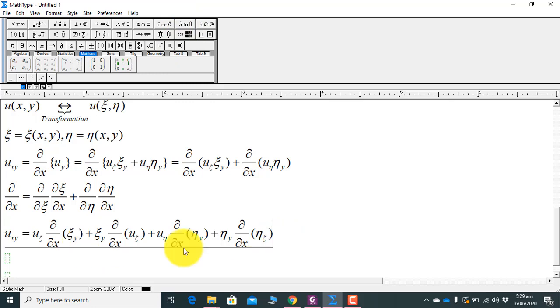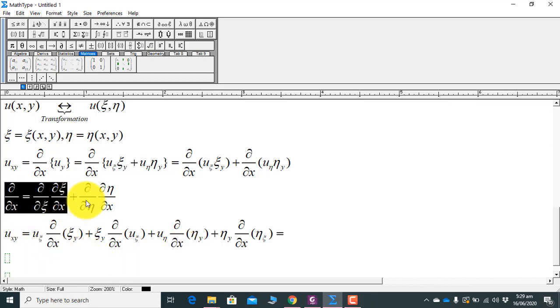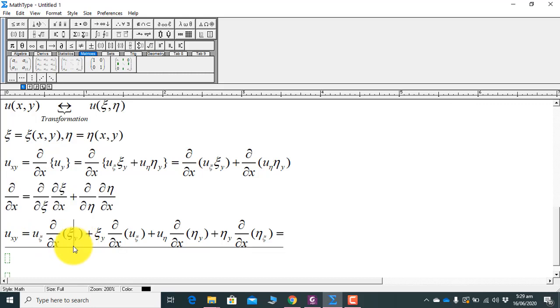When you now apply the product rule, now we shall apply the chain rule as well, because partial over partial x is given by that distributed chain. So if we apply this, what will we get?